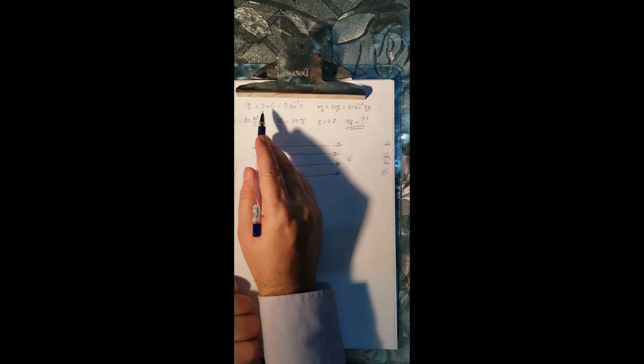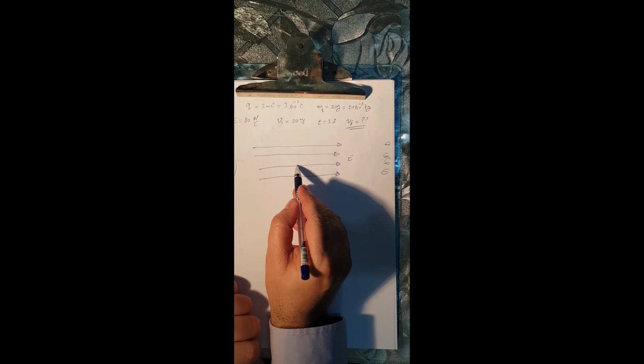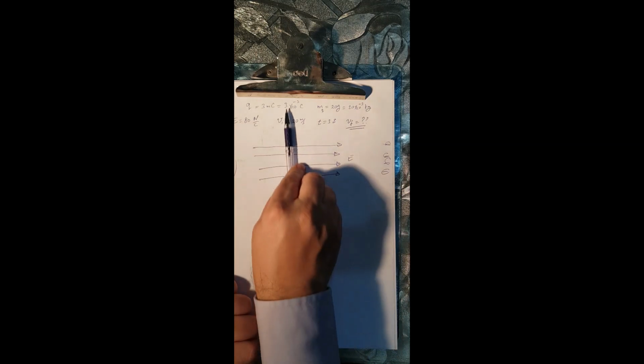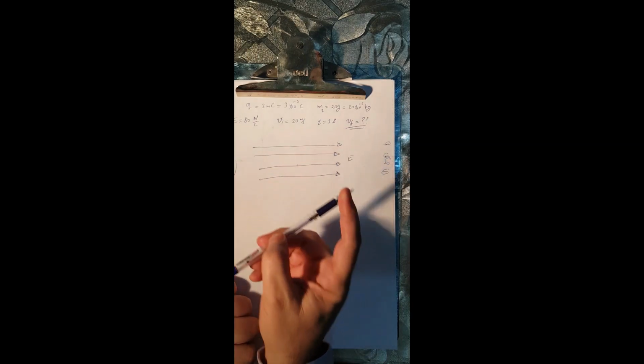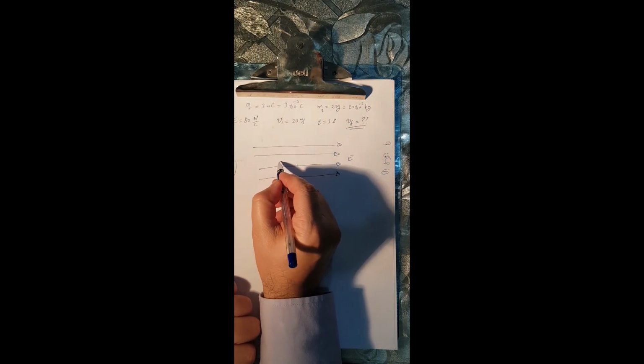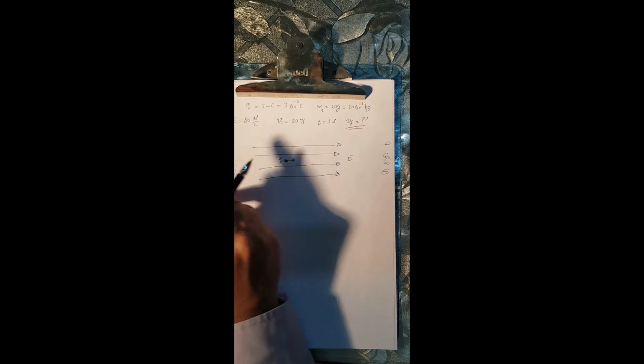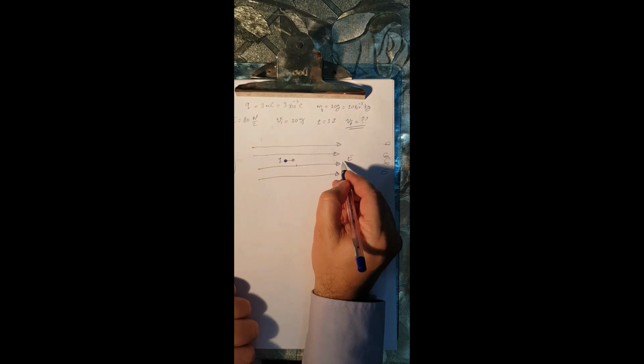Now the particle Q will go inside this field, not vertically, but in the same direction as E. So initially it's here, the Q, and it has a velocity in the same direction as the electric field, E.